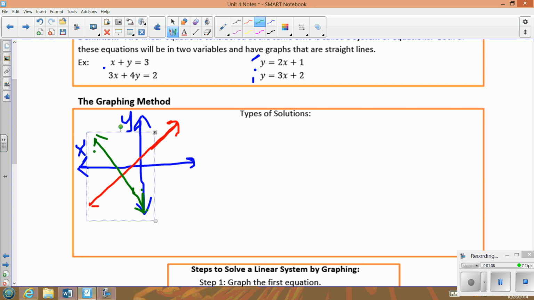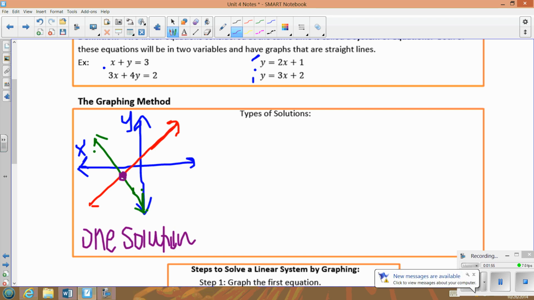They would be given to me by some equation, and the first scenario is whenever you have one solution, meaning the lines are crossing in one spot. So this would be a one solution case. That's where the two lines cross in exactly one spot.